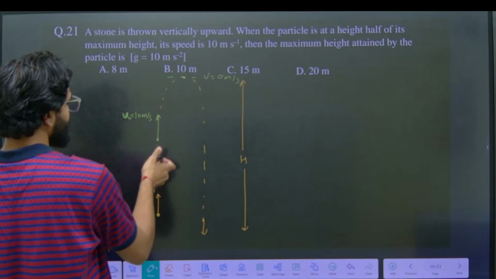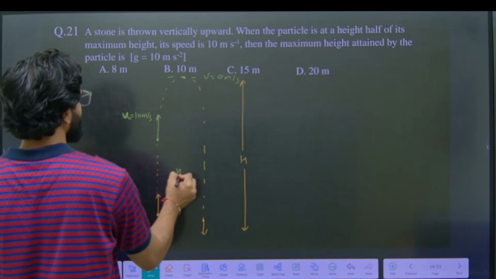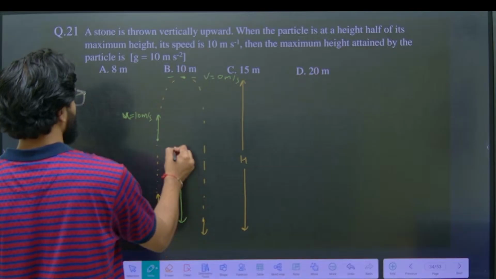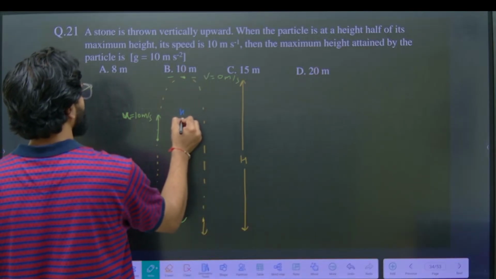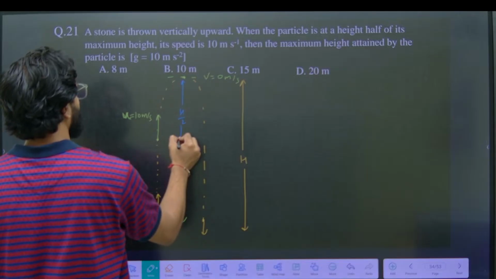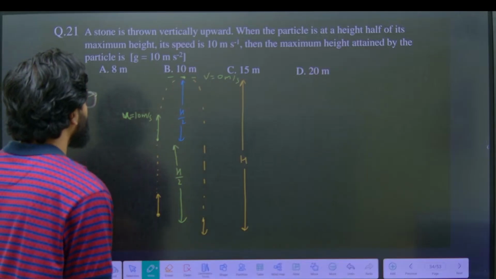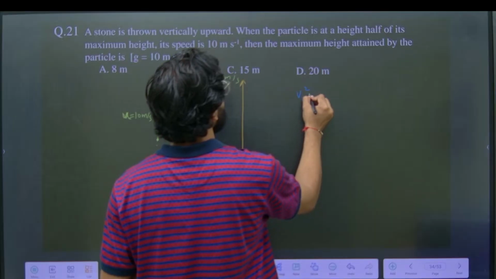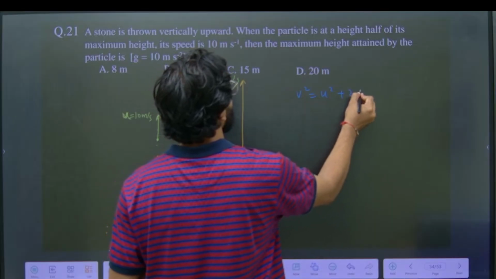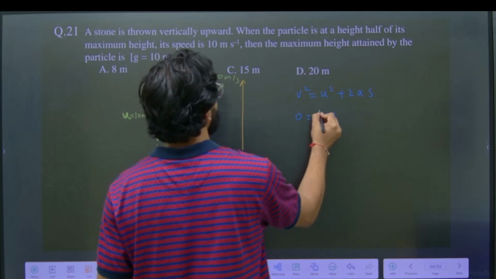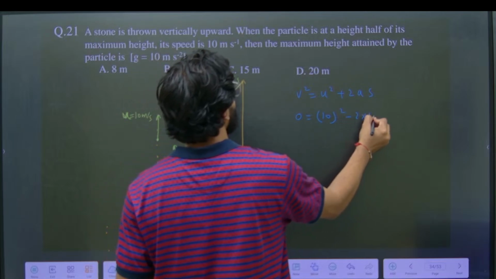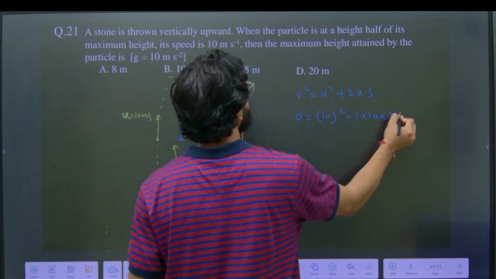If this is half of the height, it means it is h by 2. So clearly this is also h by 2. So we can write v square equals u square plus 2as. Final velocity is 0, initial velocity is 10, so 0 equals 10 square minus 2 into 10, and s over here is h by 2.